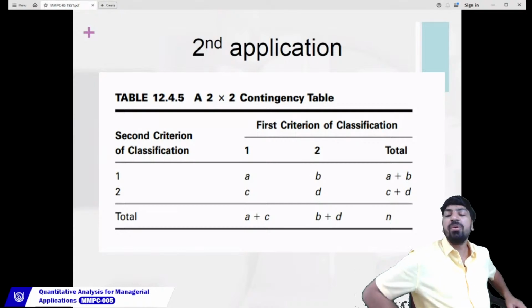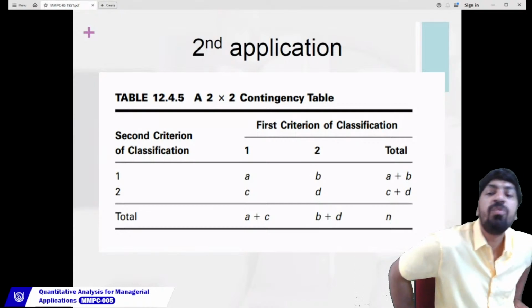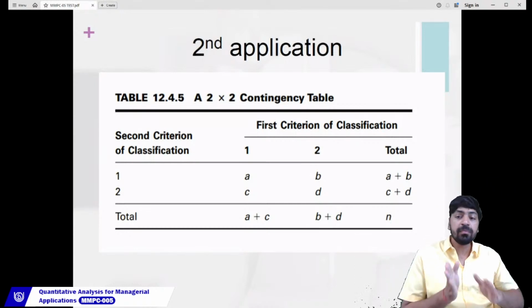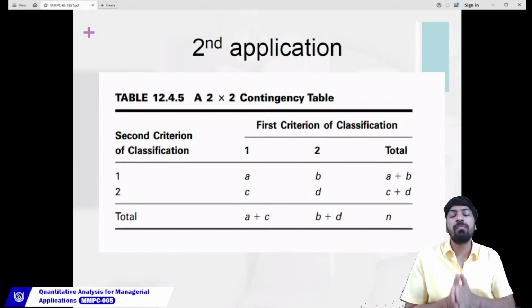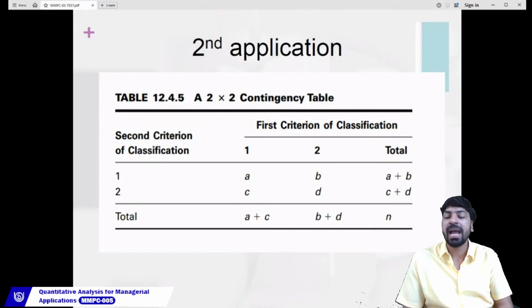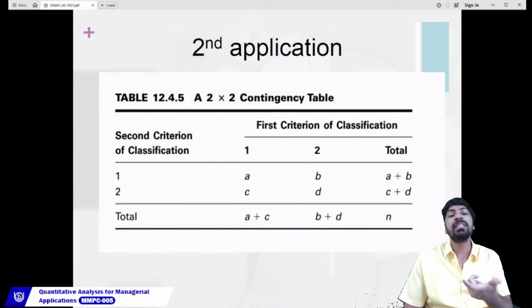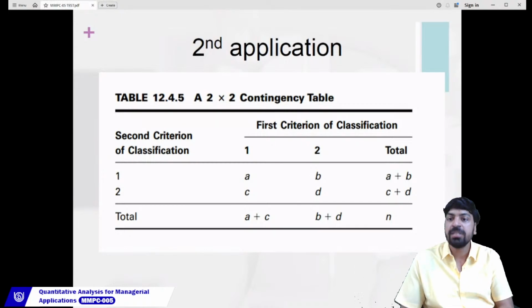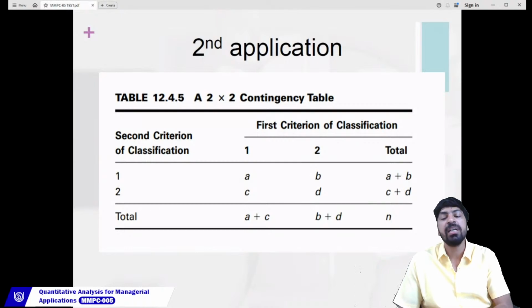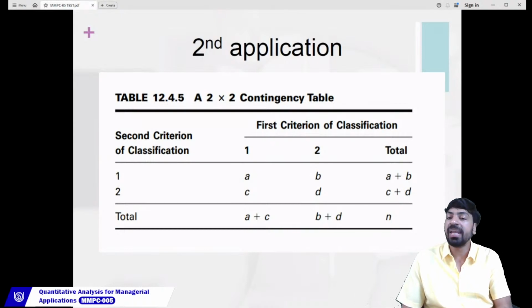So what is N over here? It means the total of rows and columns must be equal. The N stands for grand total. So if the row total is 50 and the column total is 50, the total is 100. That means N should be 100.